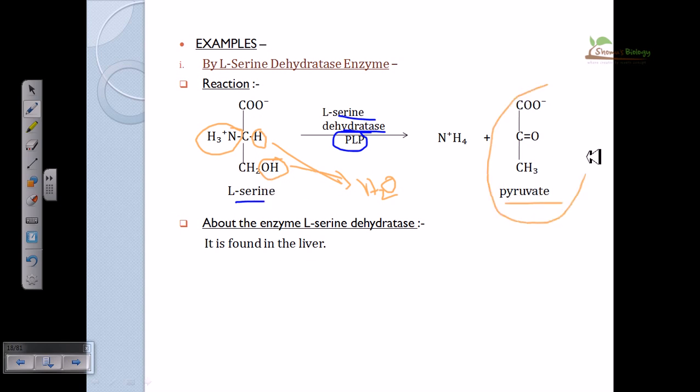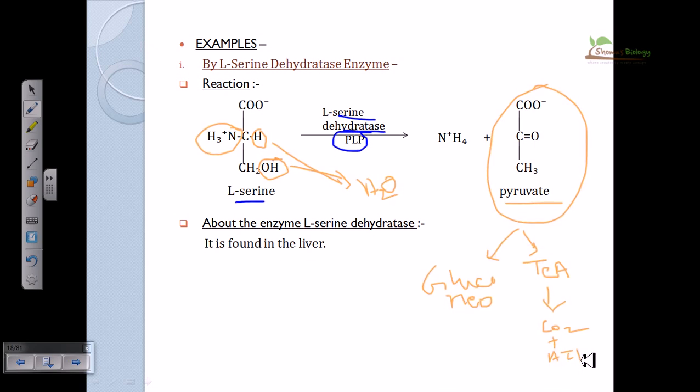So remember, pyruvate is a very important ingredient, because from here we can go through gluconeogenesis, and we can also go with the TCA cycle. If we go through the TCA cycle, we will produce energy, we will produce CO2, and via oxidative phosphorylation we will produce ATP or energy.